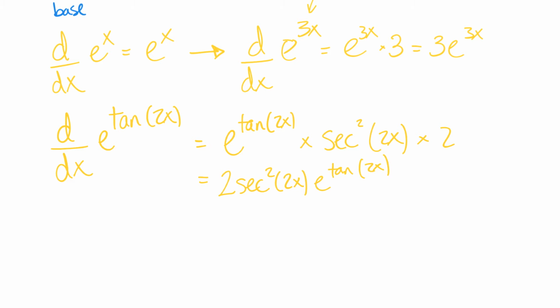Okay? And this can get as long and cumbersome as we want, but the idea is always the same. You first differentiate the exponential function. It's always the same. Then you start to deal with the exponent in case you have a function. You get this.